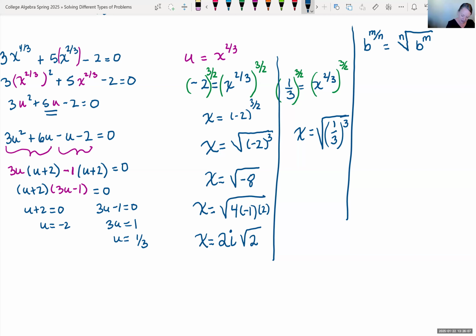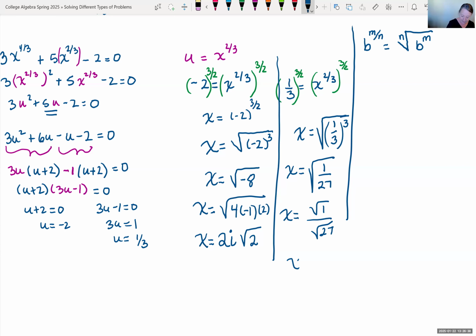Over here, let's cube our fraction 1/3. You can think of that as 1/3 times 1/3 times 1/3, or you can think about it as cubing the numerator, 1 times 1 times 1, which is 1, all over 3 cubed, cubing the denominator, which is 27. So a lot of times we like to pull out what we can. If you have a square root of a fraction, we can rewrite that as the square root of the numerator over the square root of the denominator.